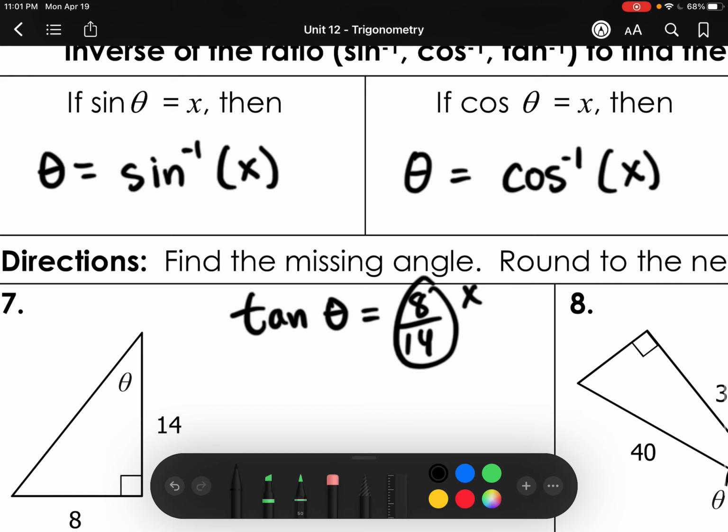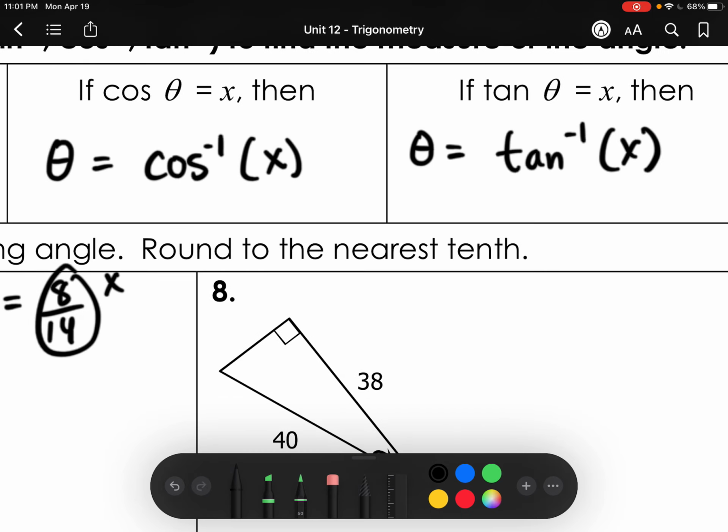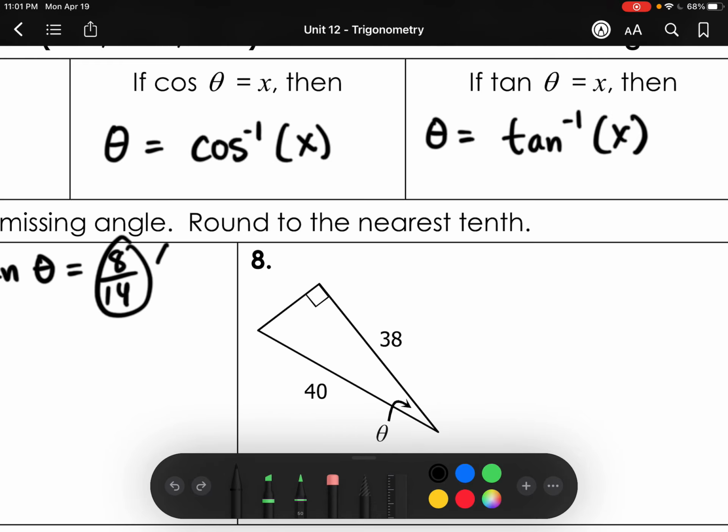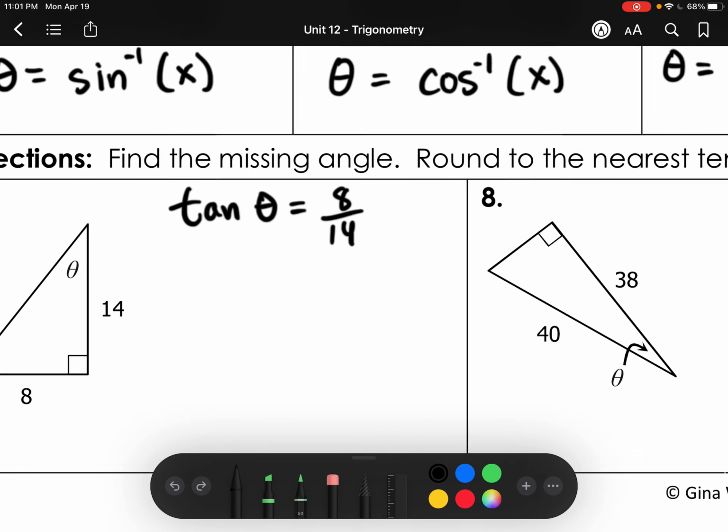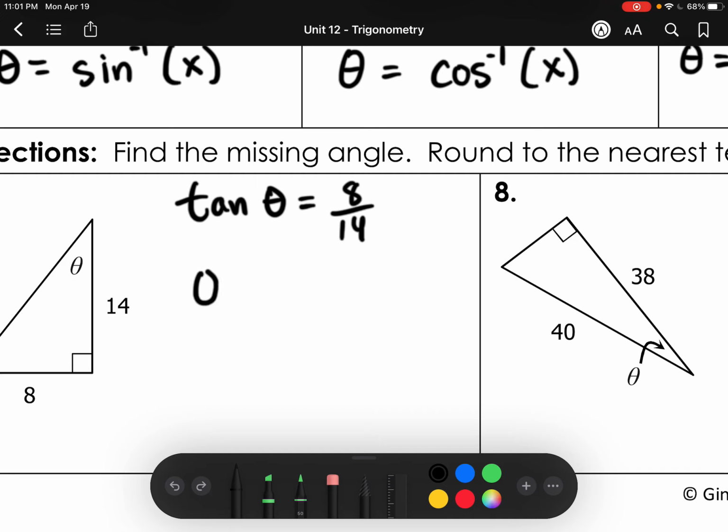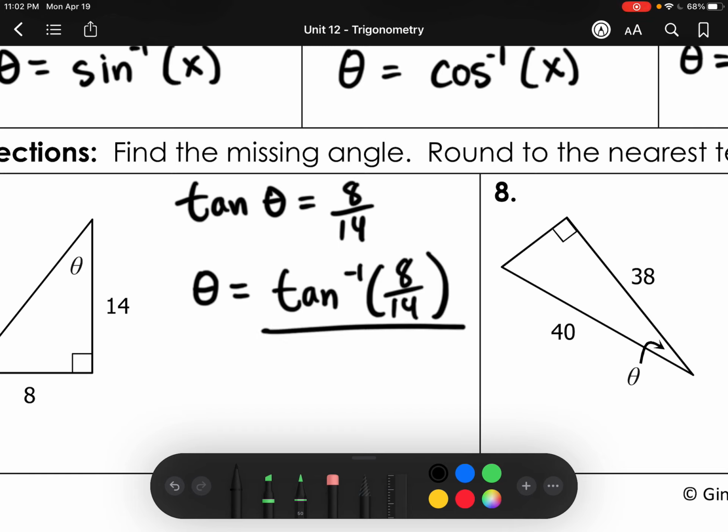You can think of this as x over here. So that means we're going to use the inverse function to find the value for theta. So theta is going to be equal to the inverse of tangent of x, which is 8 over 14. So we're going to type this into our calculator to give us the measure of the angle.